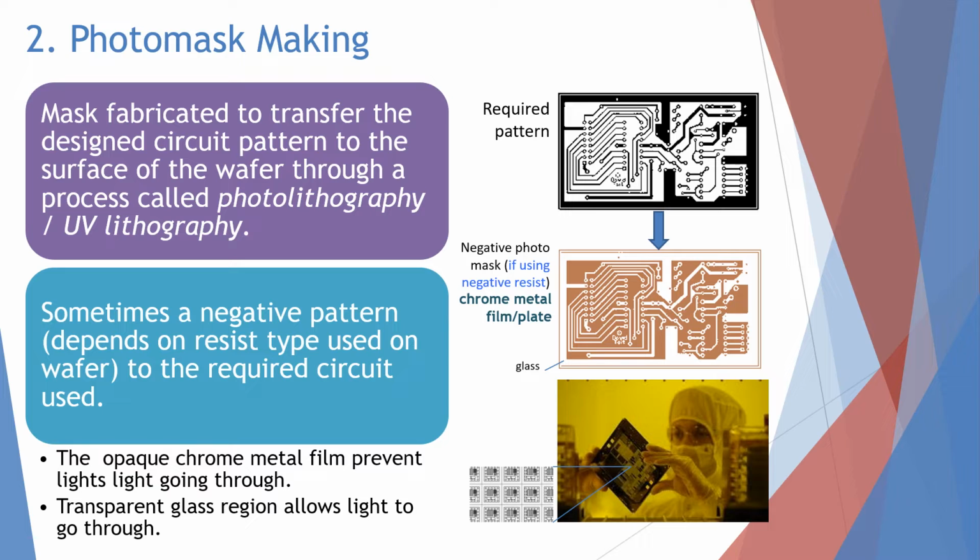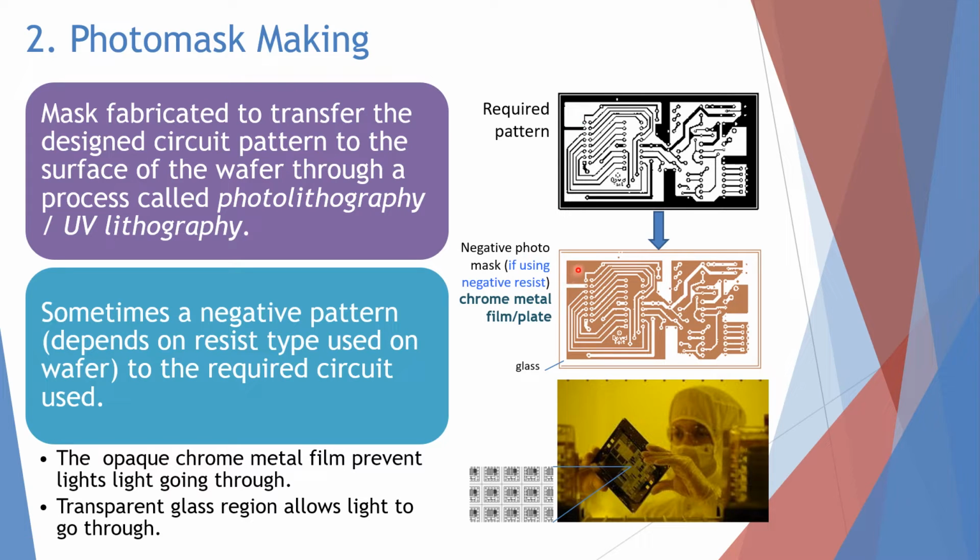In the process of photo mask making, an opaque chrome metal film is used to prevent the light from going through the pattern. If you can see in the picture here, this is the design of the circuit that we want to print on the IC chip.